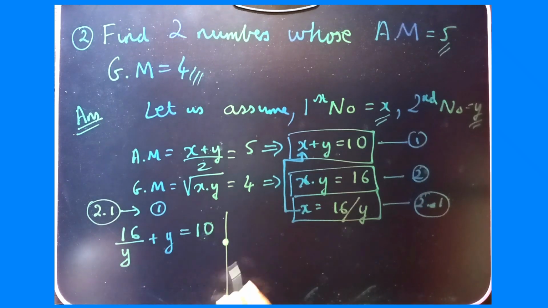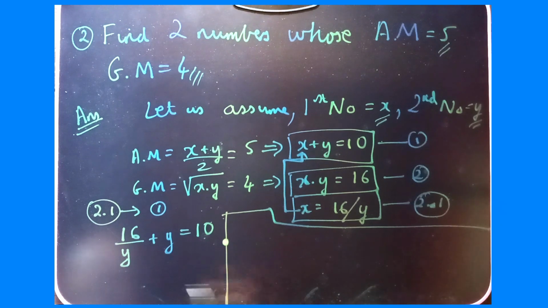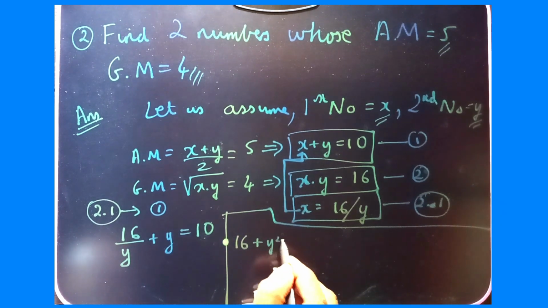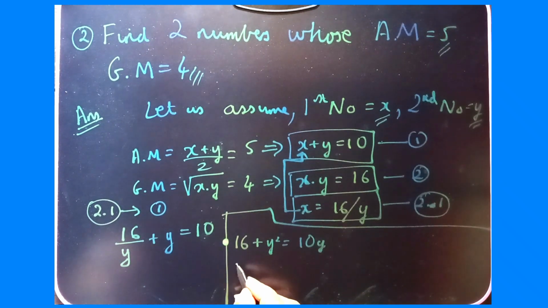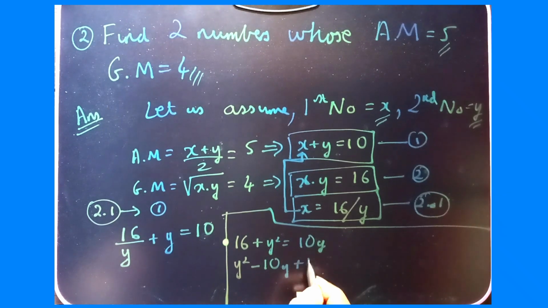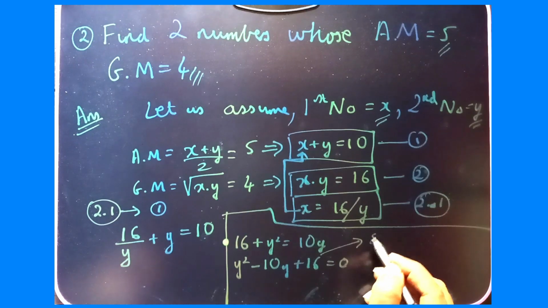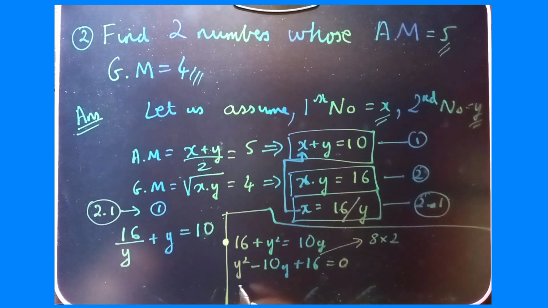okay, I write down the next steps here. You'll get 16 plus y square is equal to 10y. So this will work out as y square minus 10y plus 16 is equal to 0. So now you have to solve this. So 16 can be broken down into 8 and 2, right? 8 into 2 is 16, 8 plus 2 is 10.